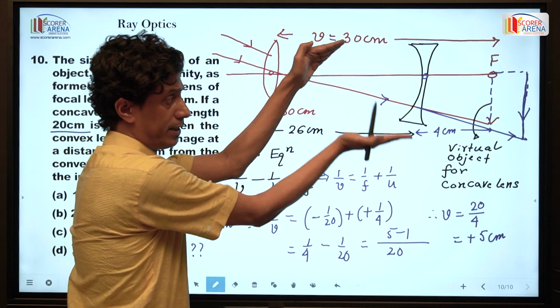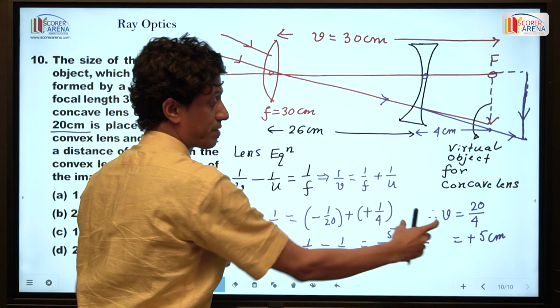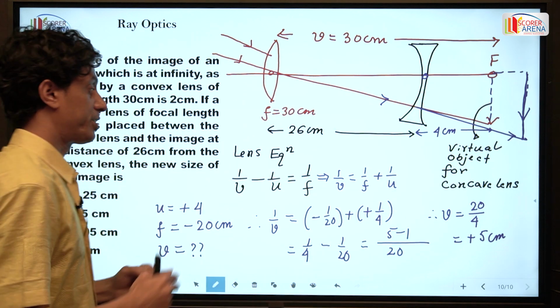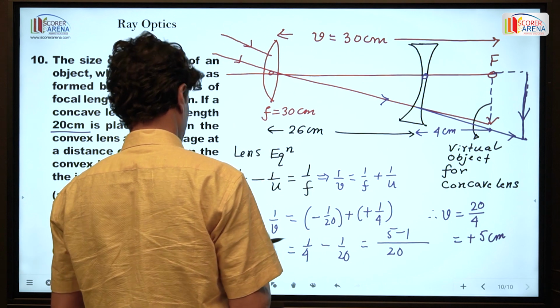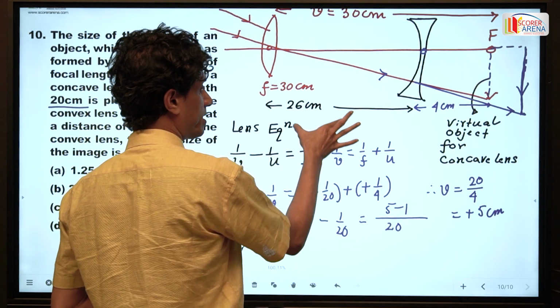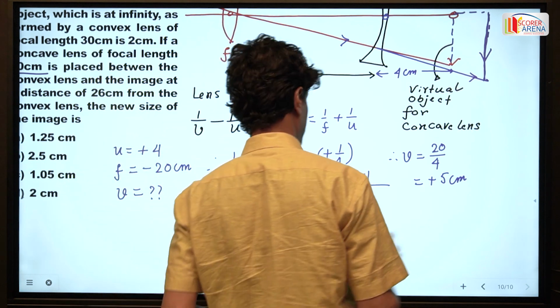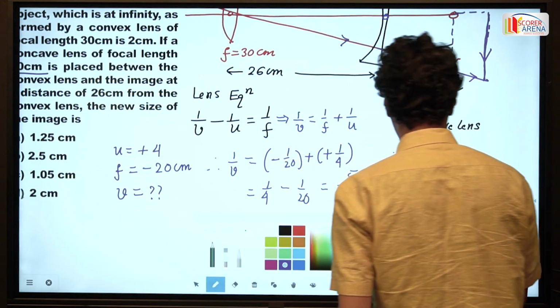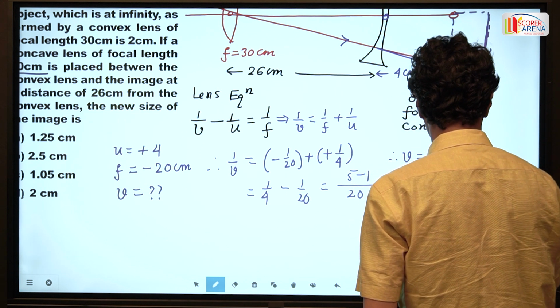It will slightly diverge and form at a distance 5 centimeters. So the image is real.